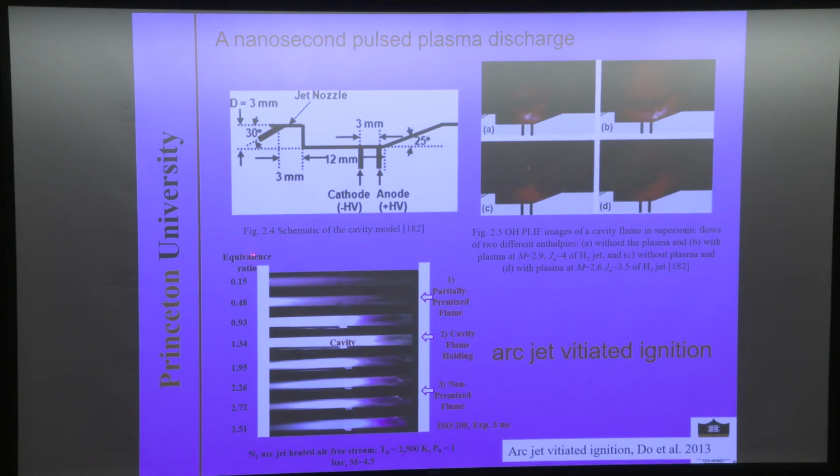So this is the equivalence ratio. When they increase the equivalence ratio, you start to see the flame stabilized in the cavity. But when they go to fuel-rich, at an equivalence ratio of 2.7 or 3.5, you can see the flame even moves upstream.